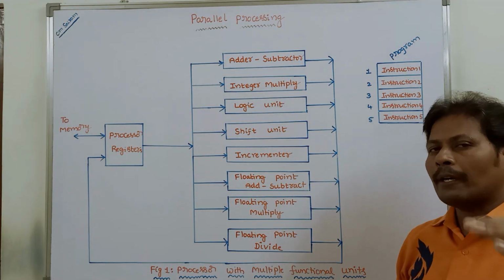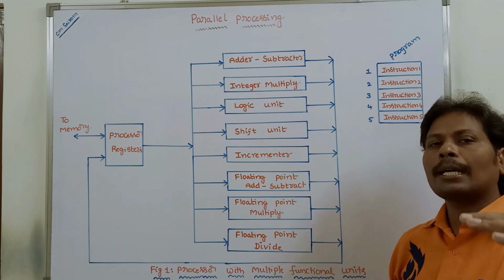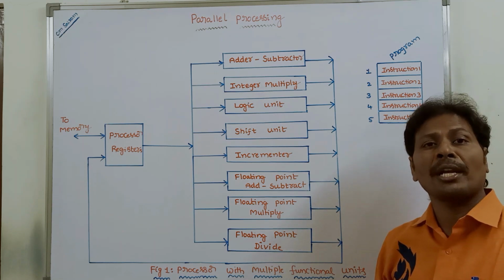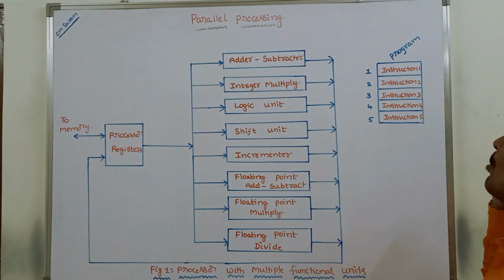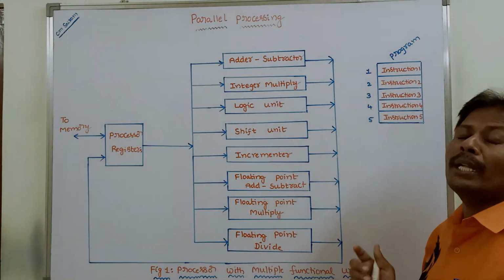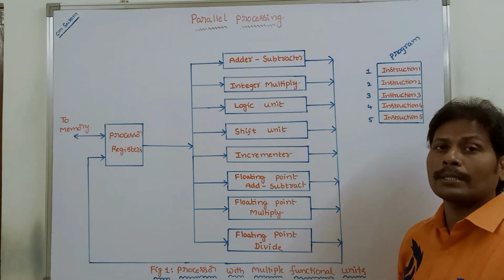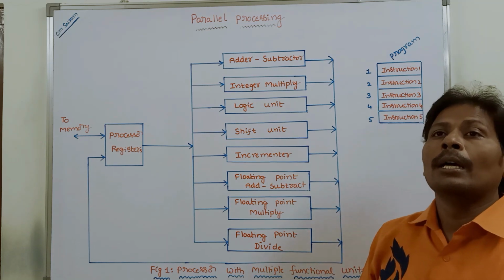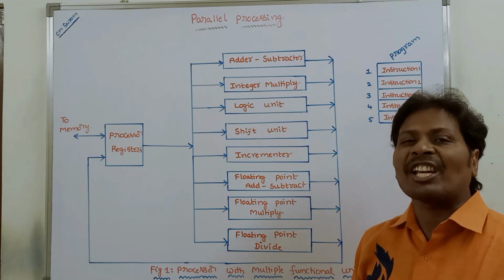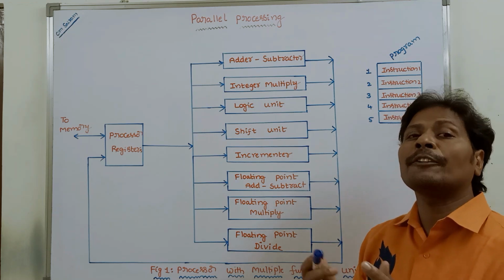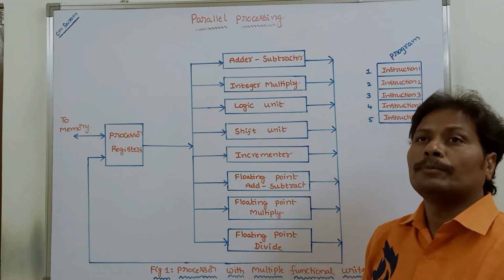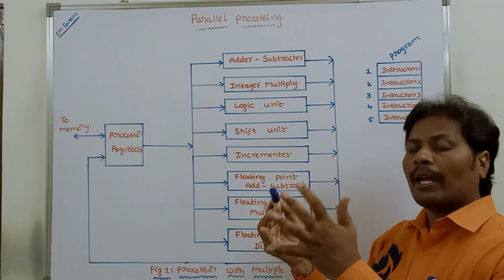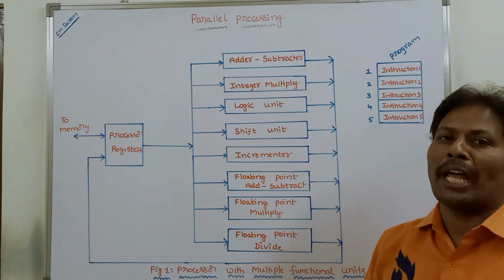Whatever disadvantages occurred in serial or sequential processing are overcome in parallel processing by executing the instructions in a simultaneous or concurrent fashion, with all the instructions executed at the same time.